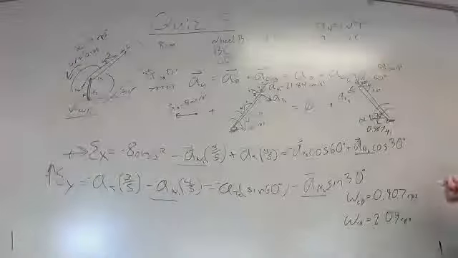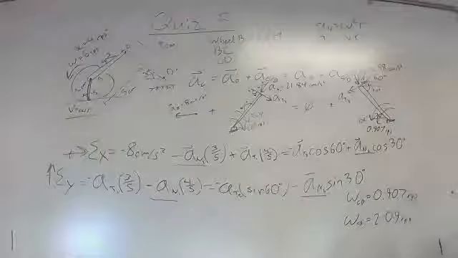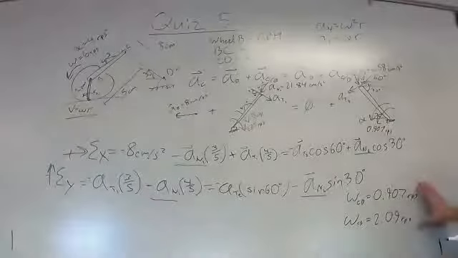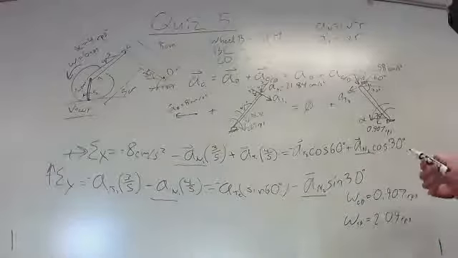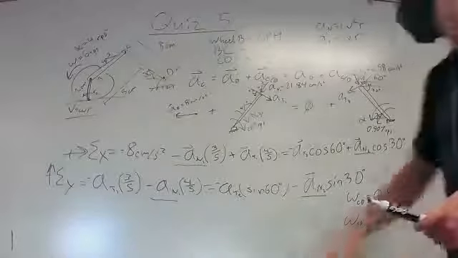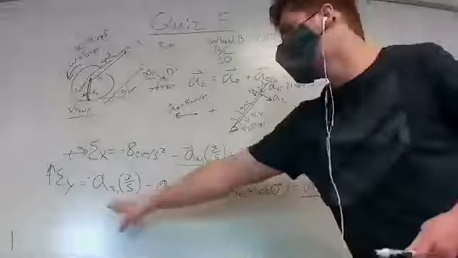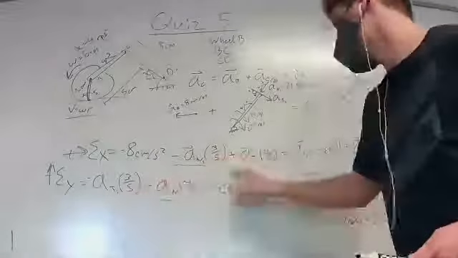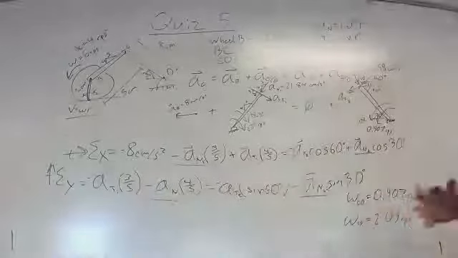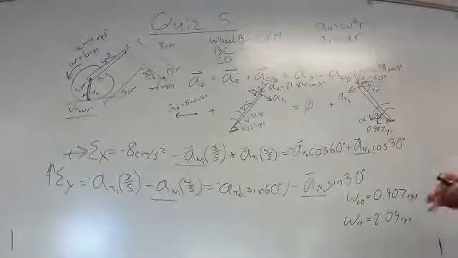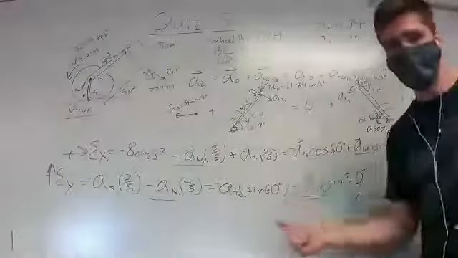Once again, our AN values are known. We know that normal acceleration from the first part of the problem. Knowns are AT values. Here, these are the same, and these are the same.